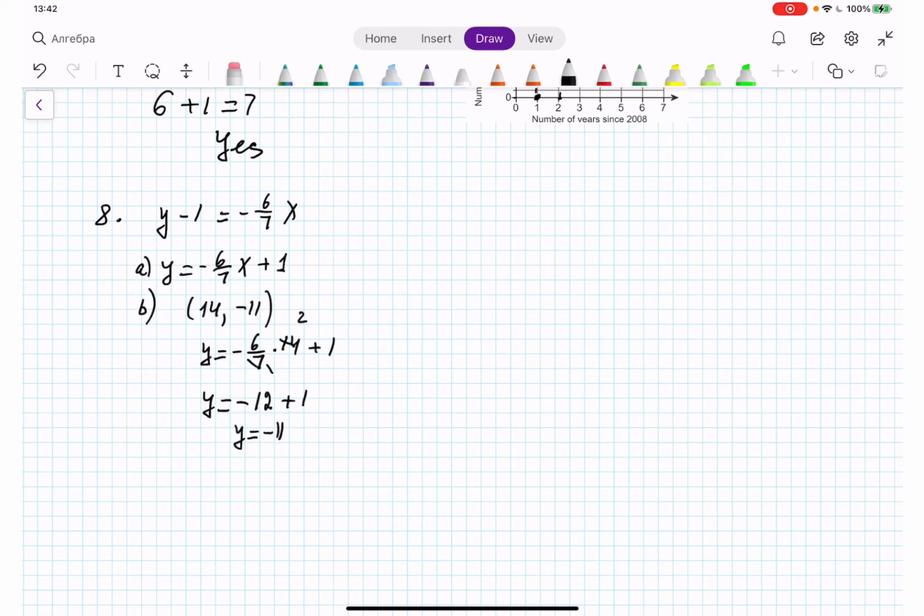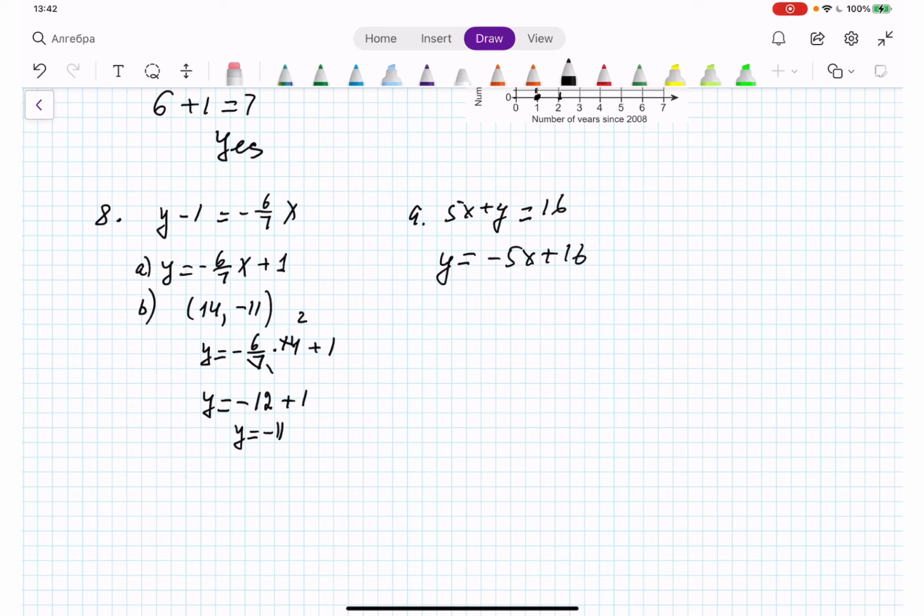Question number 9. Solve the equation for y. 5x plus y is equal 16. So y from here is going to be equal negative 5x plus 16.